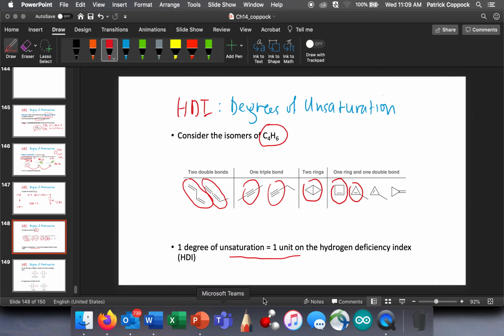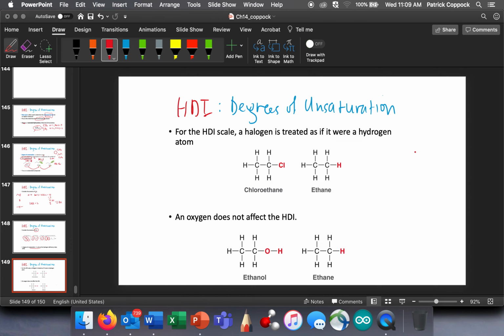Let's look at some other things that could be useful to you. If you have a chlorine in a molecule, it takes up as many bonds as a hydrogen. So for the HDI scale, a halogen is treated just as if it were a hydrogen because it takes up exactly the same number of bonds as a hydrogen would. Now, oxygen doesn't take up any extra bonds at all.